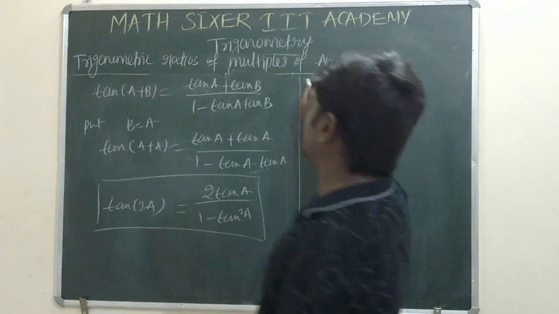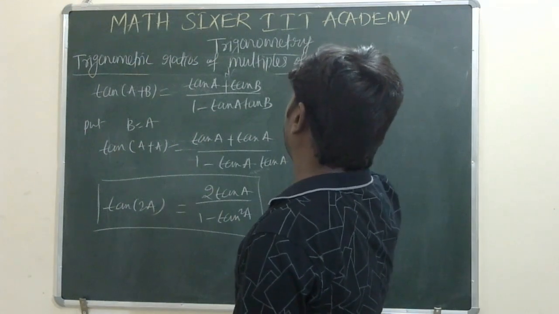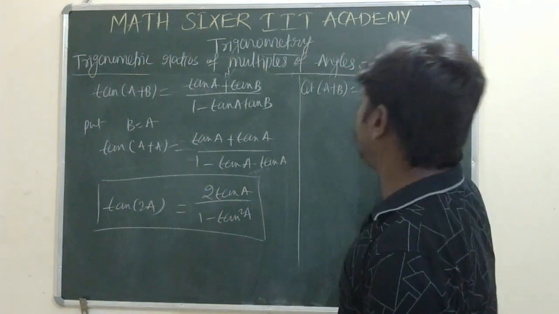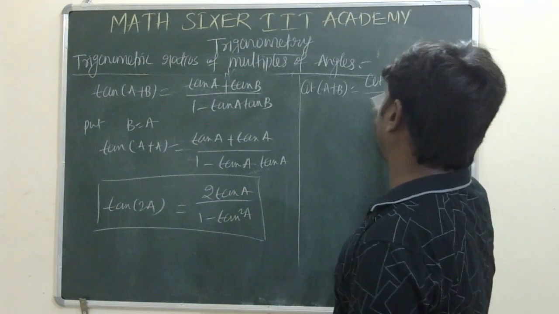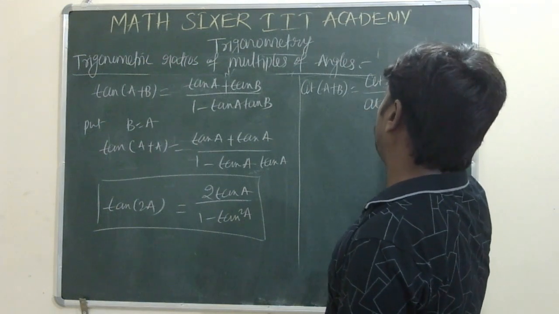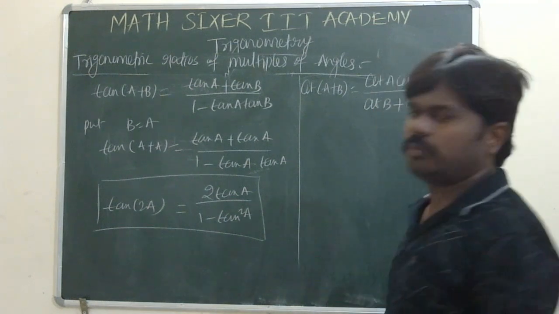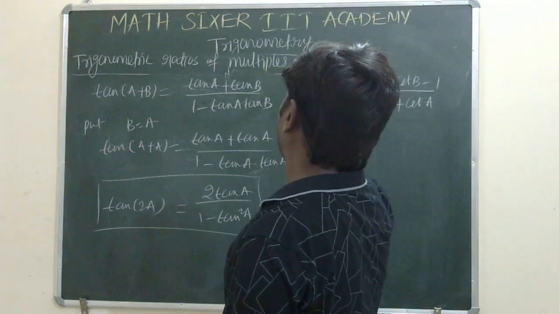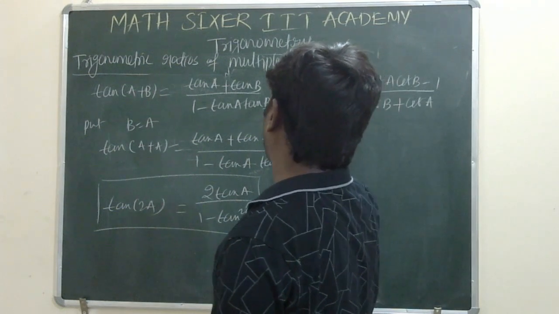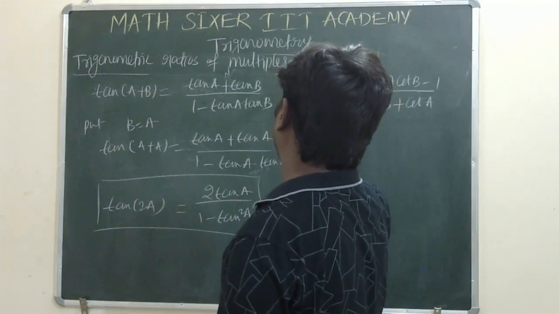Next we have cot. Cot a plus b is equal to what? Cot a cot b minus 1 divided by cot a plus cot b. This is the formula of cot a plus b. Now substitute b equal to a, so cot a plus a is 2a.